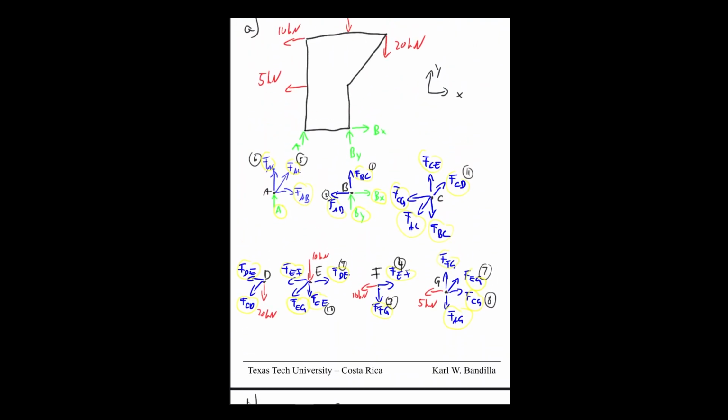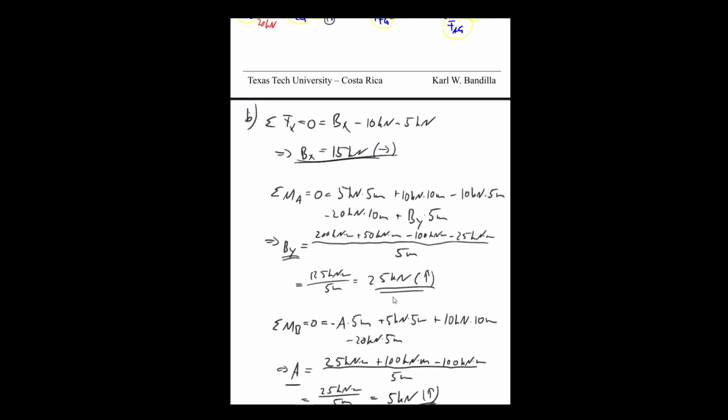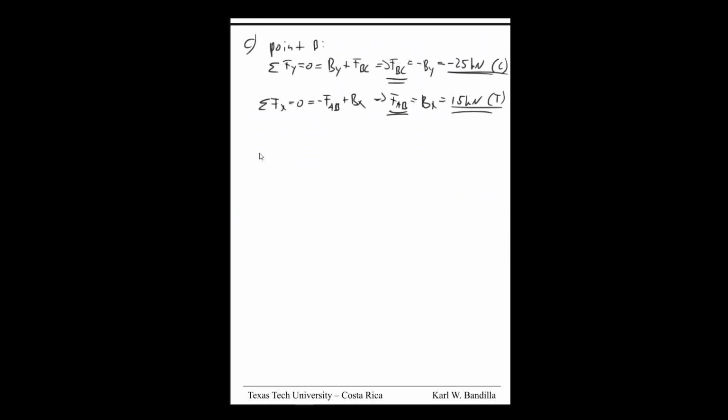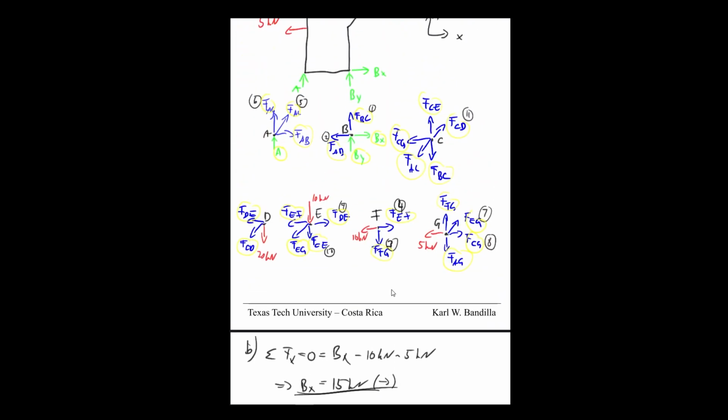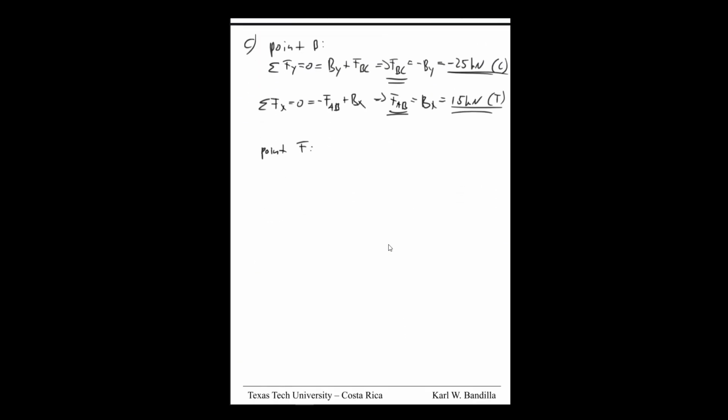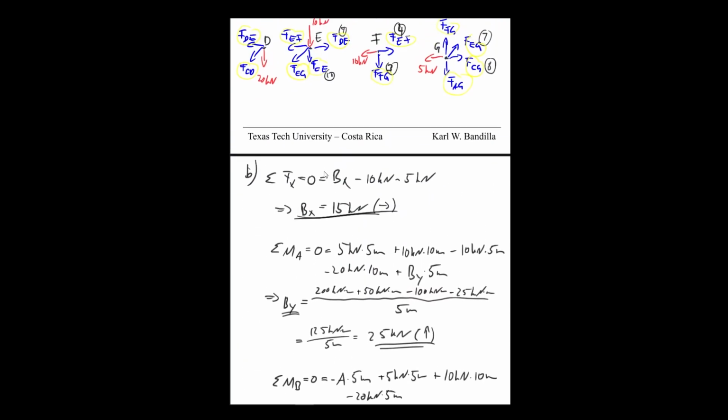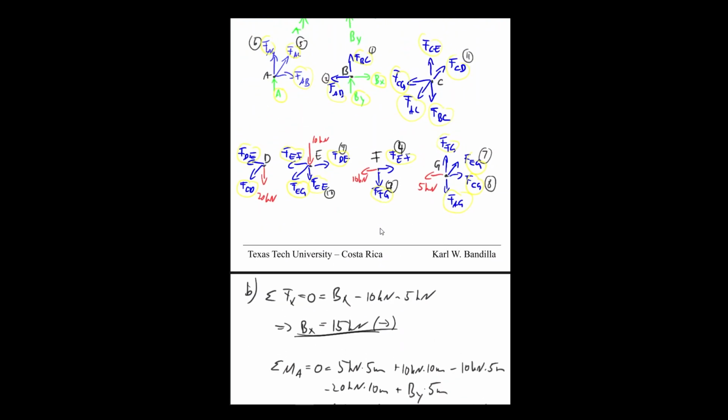That was 1, 2. Then in my strategy, go to point F. Number 3 was the vertical sum of forces in the y direction. Sum of forces in the y direction equal to 0, and that only has one single one. That's FFG, so FFG is equal to 0.